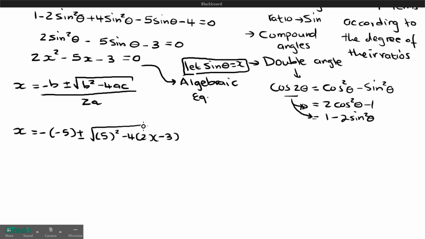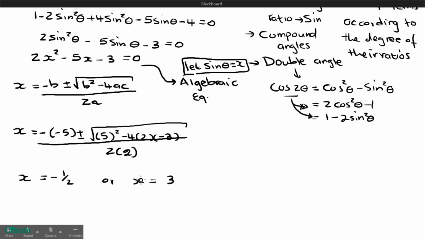This must all be under the same square root, all over 2 into 2. When you press this on a calculator, you get x equals negative 1 over 2, or x equals 3.